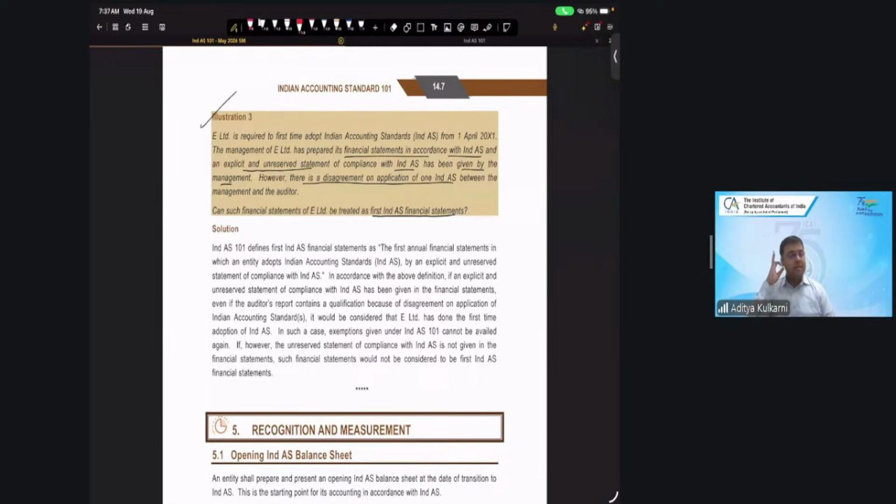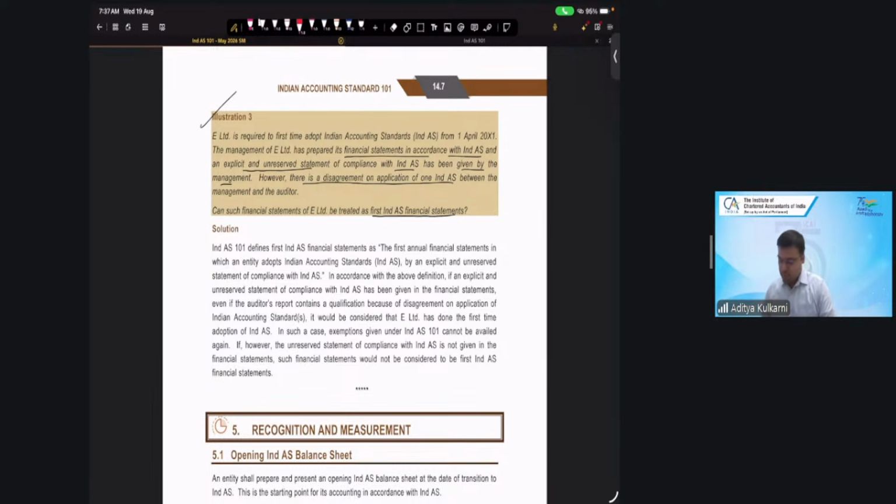And if the auditor does not agree to that, then the auditor cannot tell the company this is not your first Ind AS. It will be the first Ind AS. Auditor can put a qualification. Okay, so it's a very beautiful arrangement between the auditor and the preparer that both of their statements hold true.